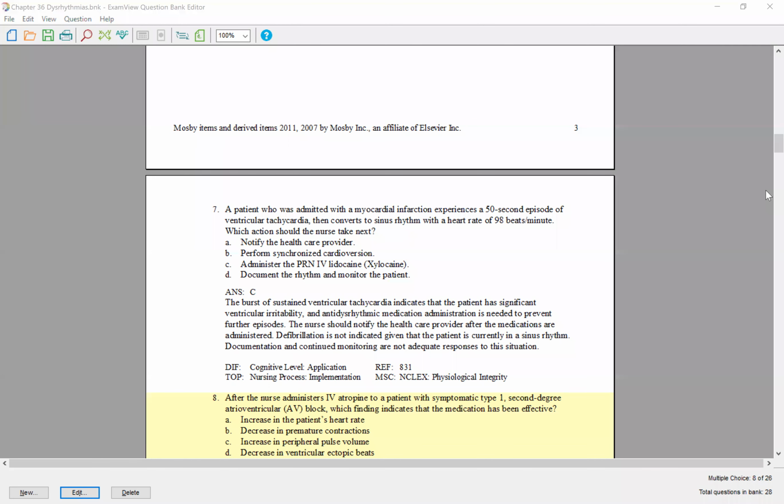Try number 8. A, an increase in the patient's heart rate. There, very good. So this is an evaluation question. When you're asked about whether it's effective, whether it's a patient statement or a clinical finding like this, those are evaluation questions.